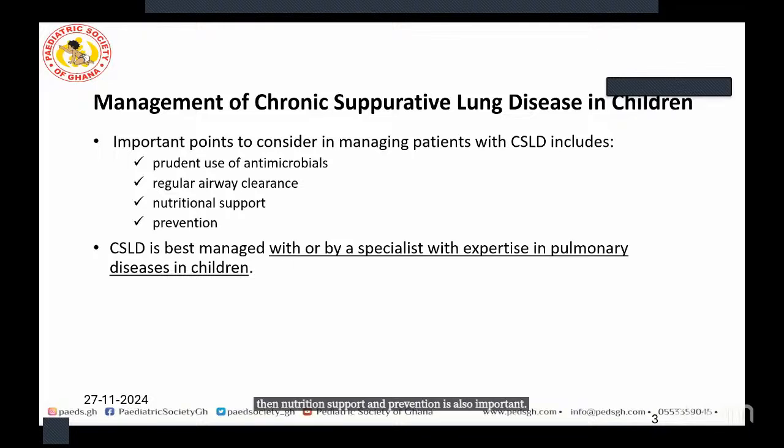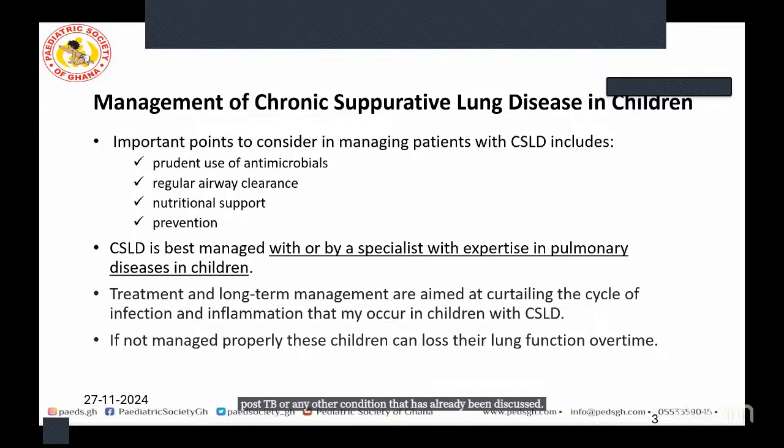So it's best managed by a specialist with expertise in pulmonary lung disease once you come to the conclusion that this child is having a chronic suppurative lung disease, either from HIV or from post-TB or any other condition that has already been discussed.